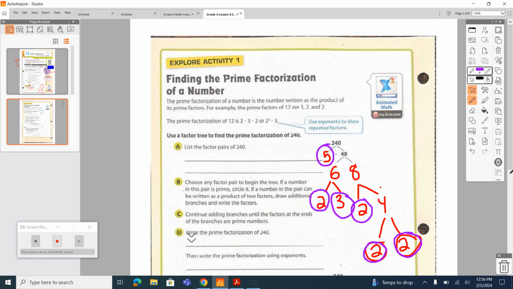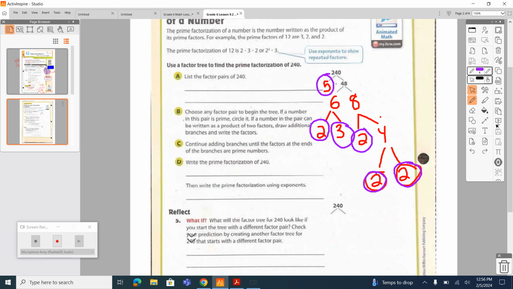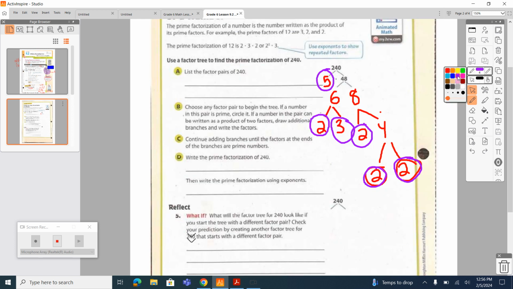And so then they want you to write the prime factorization. So there's a lot of ways you can write this. I'm going to write it the order that I found it. I got a 5 times, and then I found a 2, and then I found a 3, and then I found a 2, and a 2, and a 2. So this is my first 5, then my 2, 3, 2, 2, 2.